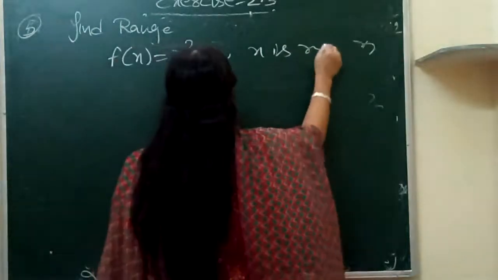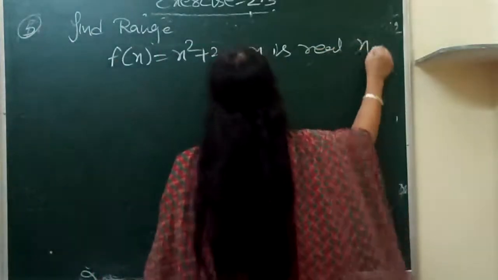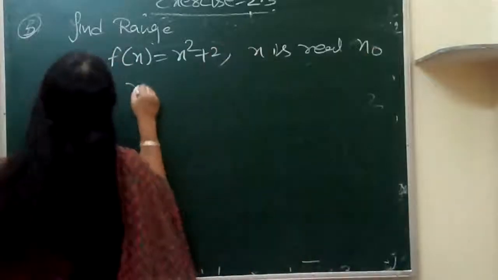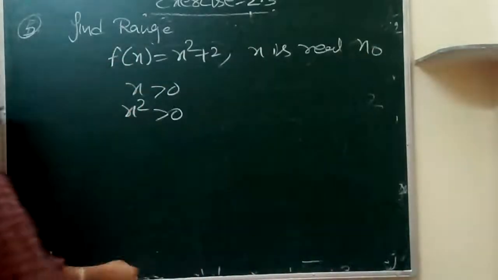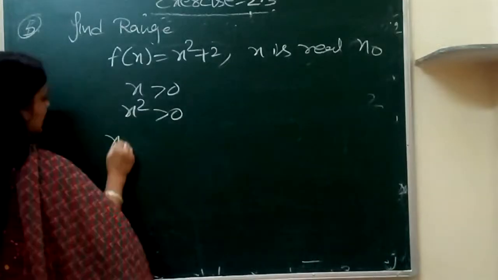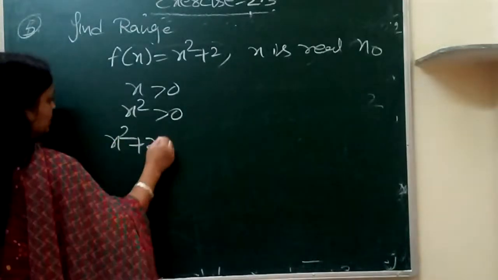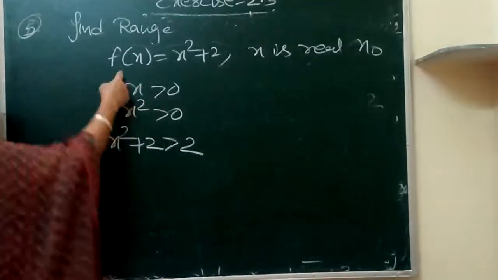Now you know that x square is always greater than or equal to 0. Then add 2 on both sides, it will come x square plus 2 greater than or equal to 2, and x square plus 2 is f of x. So f of x is greater than or equal to 2.